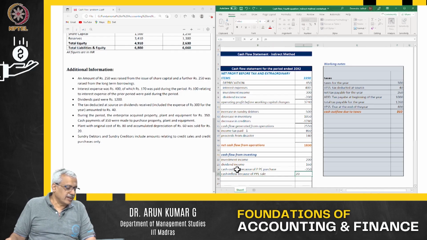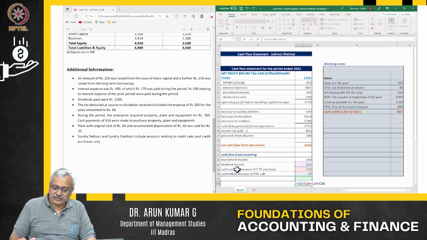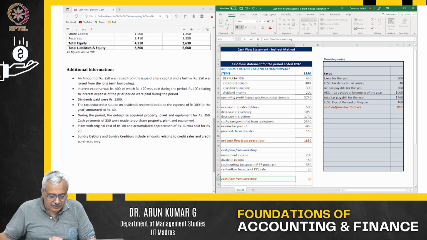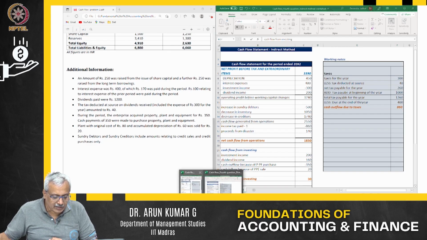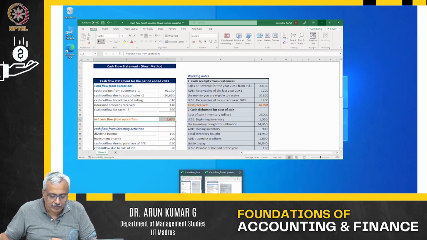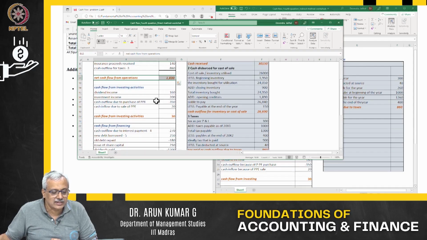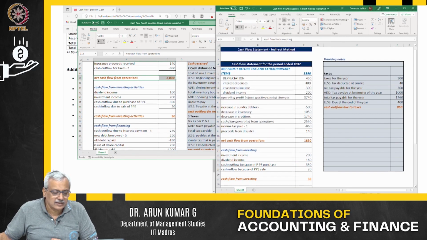So, what is the net cash flow from investing activity? Net cash flow from investing activity in this case is $30, exactly the same number that we got before. No difference, direct and indirect.